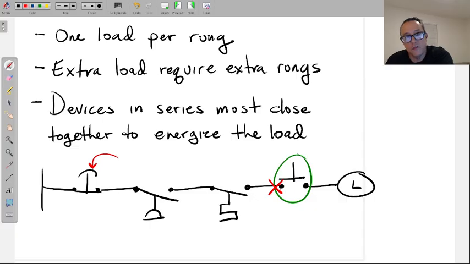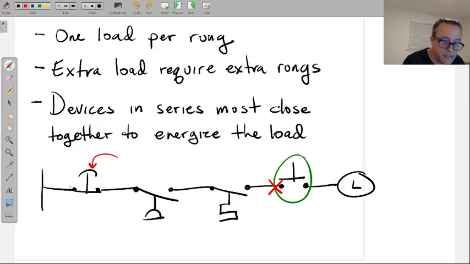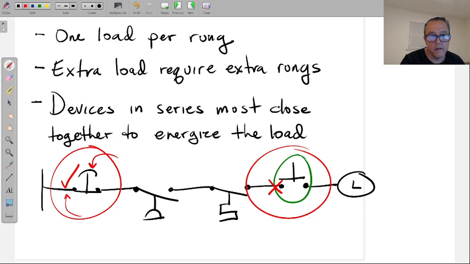This is why I always start with electricity first. If I find that there's no electricity at the push button, okay, and this is closed, I could now check over here. Let me go check the emergency stop. Oh, there is voltage here. So voltage here, no voltage here, I know where my problem is.